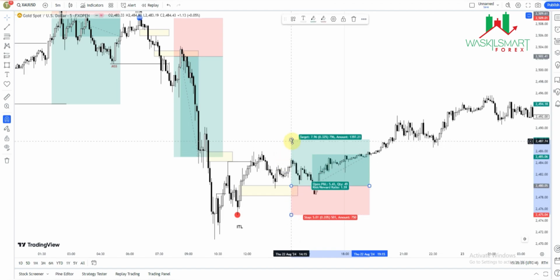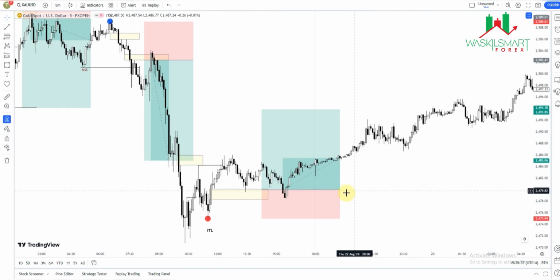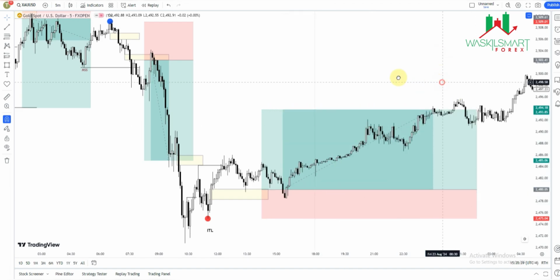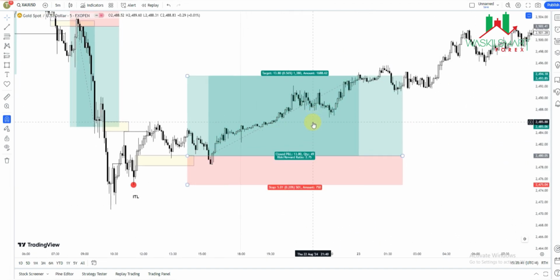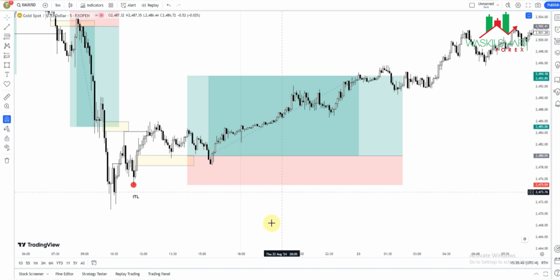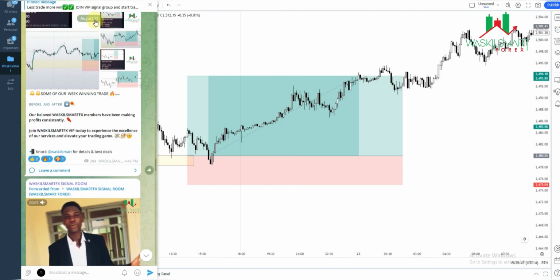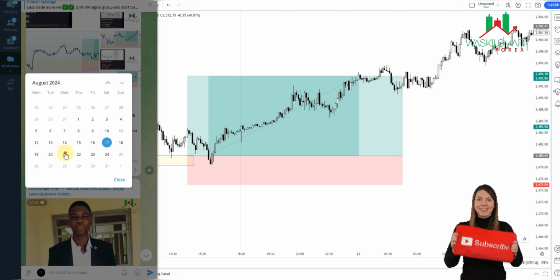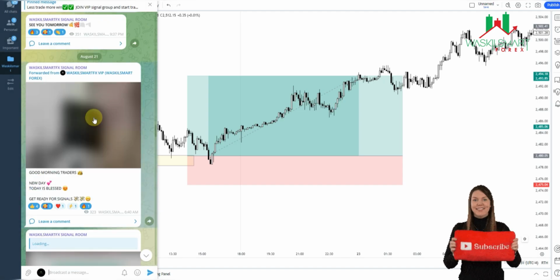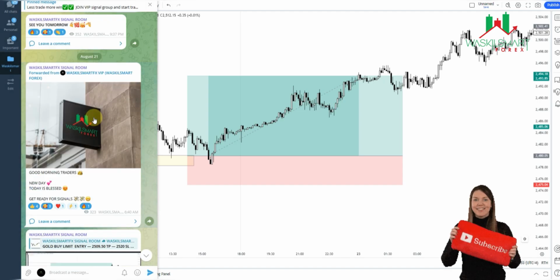The market was bullish, just as expected. So let me show you on my Telegram channel. I traded this whole trade here on Wednesday, right? So let's go to Wednesday, August 24.